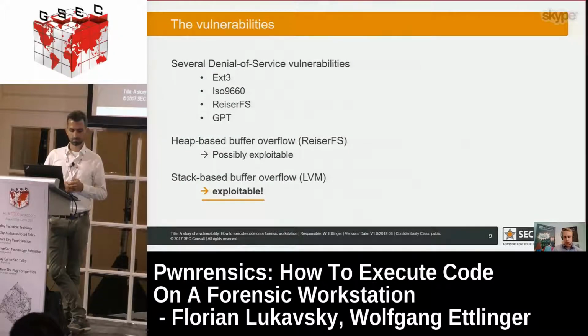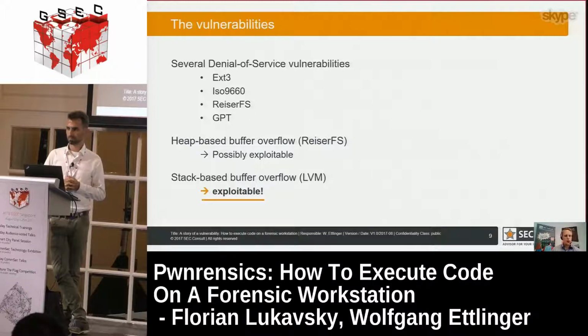So after we have sorted through all the results from the fuzzer, and after removing all the duplicates, we were left with a couple of vulnerabilities. Probably the least interesting vulnerabilities are several denial of service vulnerabilities in the parsers for the X3, the ISOFS, the RISERFS, the GPT file system parsers.